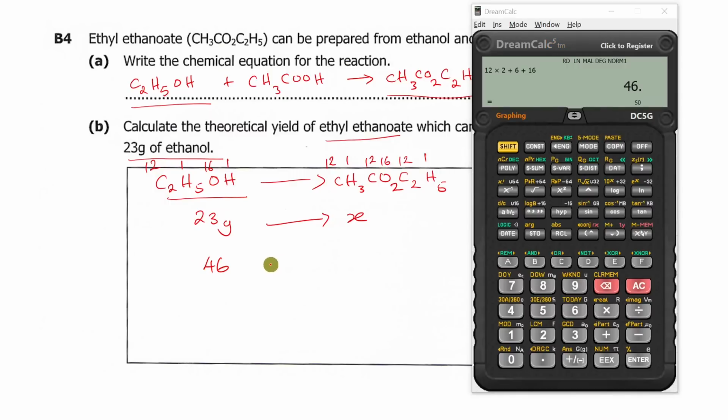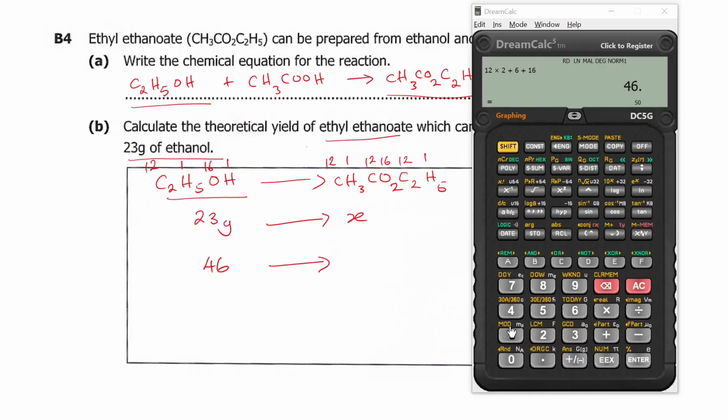Then what is it here? Here again I'll add. How many carbons do I have? I have this carbon, that carbon: 2, 3, 4.